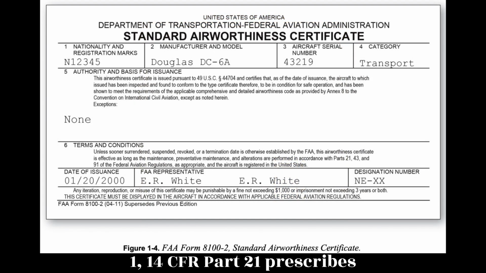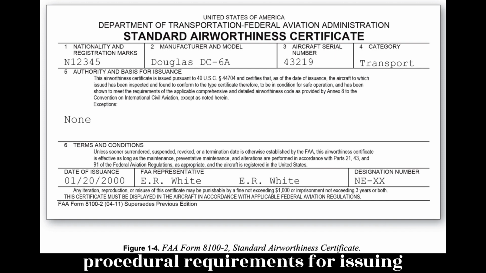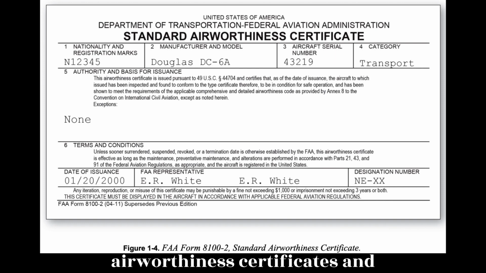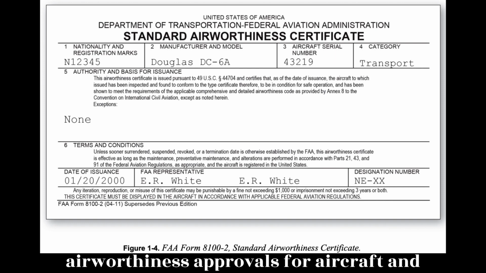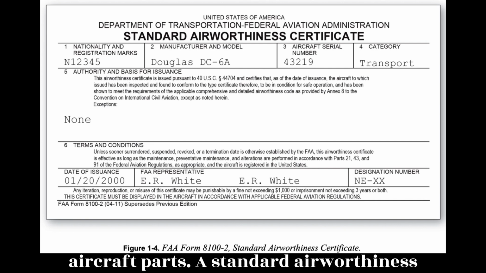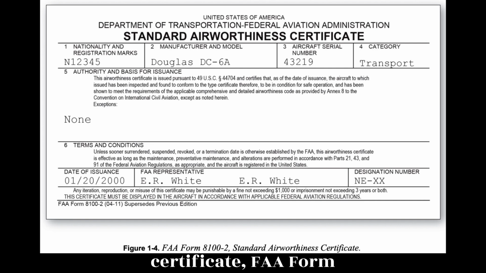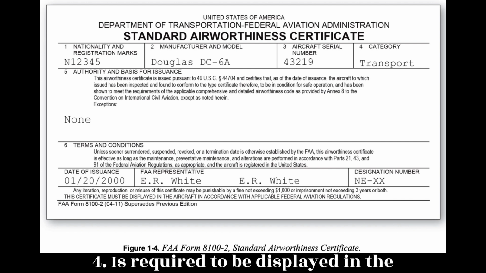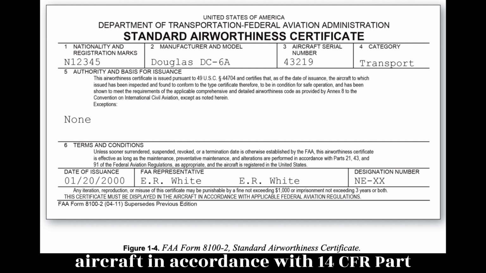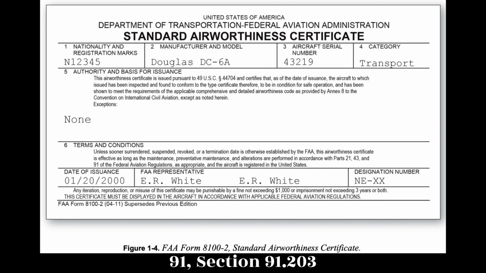1. 14 CFR Part 21 prescribes procedural requirements for issuing airworthiness certificates and airworthiness approvals for aircraft and aircraft parts. A standard airworthiness certificate, FAA Form 8100-2, Figure 1-4, is required to be displayed in the aircraft in accordance with 14 CFR Part 91, Section 91.203(b).